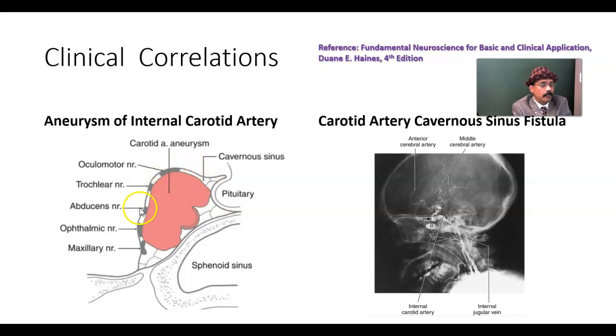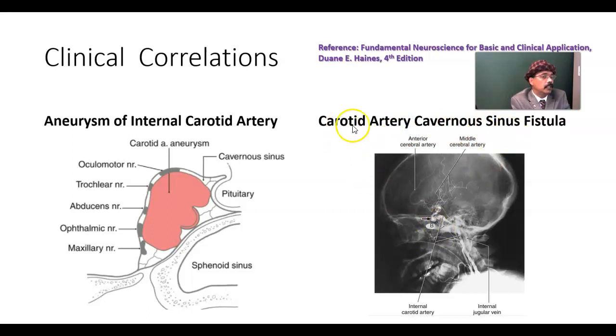This is the cavernous venous sinus, and the artery has abnormal dilatation here. We call it an aneurysm. That may rupture, so the venous blood and arterial blood may communicate. Or due to any type of trauma, there may be an internal carotid artery, cavernous sinus fistula.